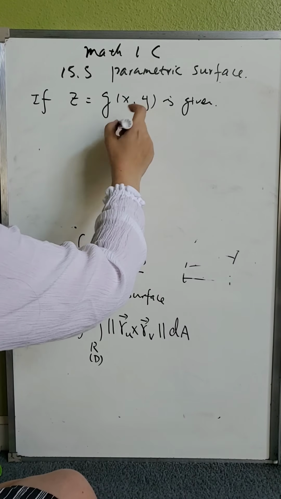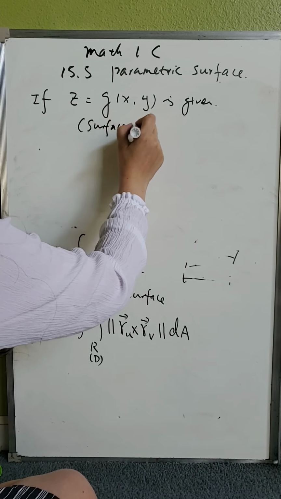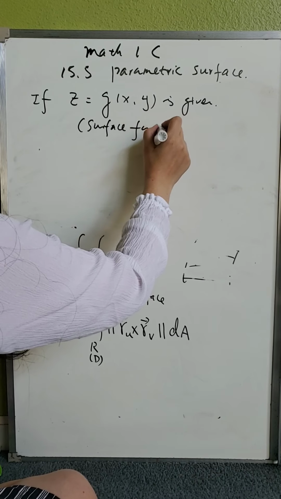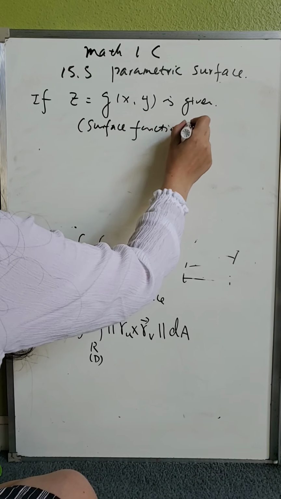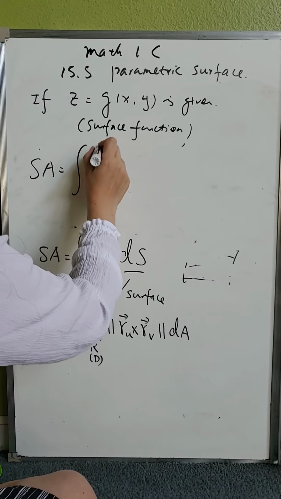G is the surface function. If this is given, then your surface area, we'll use the way we did before.